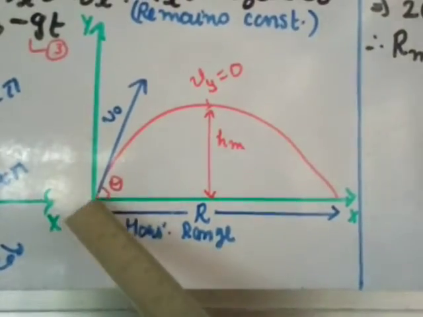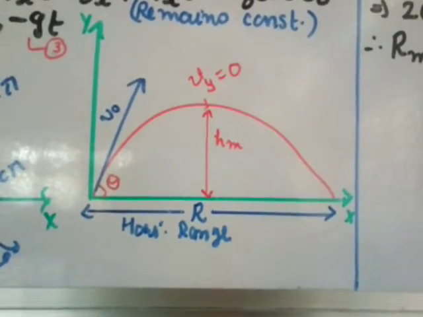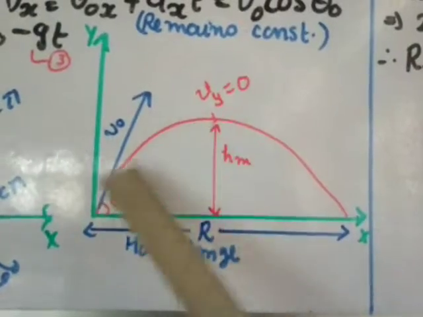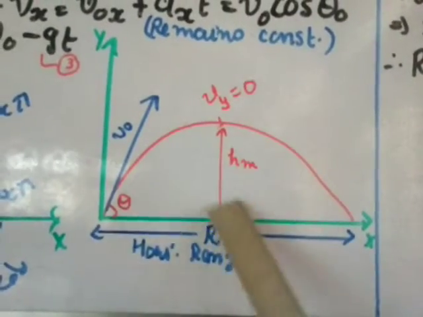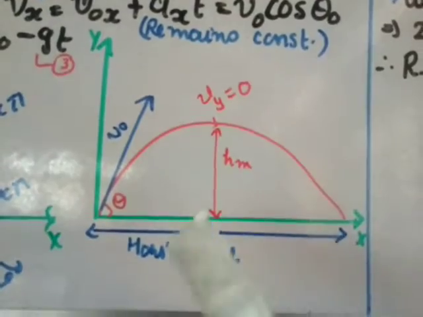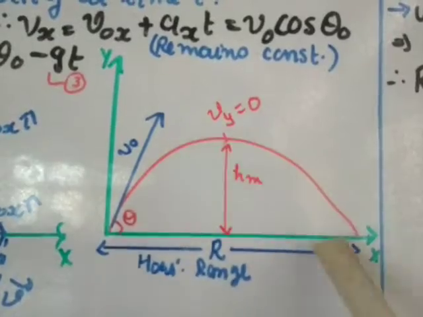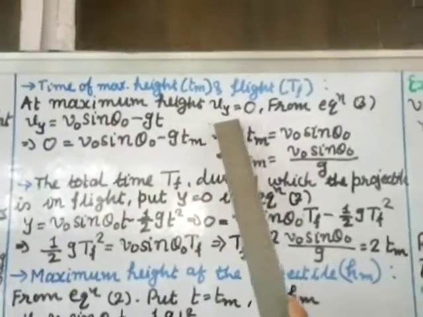Time of flight means from here it starts and comes back to here. That will be 2 times the time of maximum height, because the path is parabolic, so this time and this time should be equal.